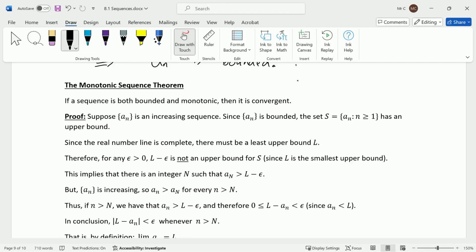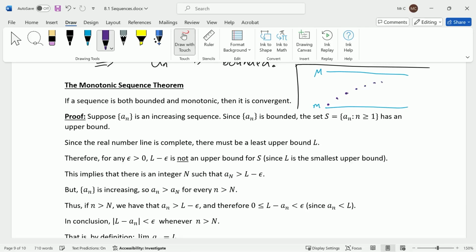So what that means is if I have an upper bound and a lower bound, and the sequence just keeps going, say, up or going down, it just keeps increasing. At some point, it's going to have to hit a limit. The limit may be M, or it may not be M. But at some point, if that sequence keeps increasing, but it has an upper bound, it's got to stop. It has to find a point that it doesn't go past, and that point is the limit of the sequence.